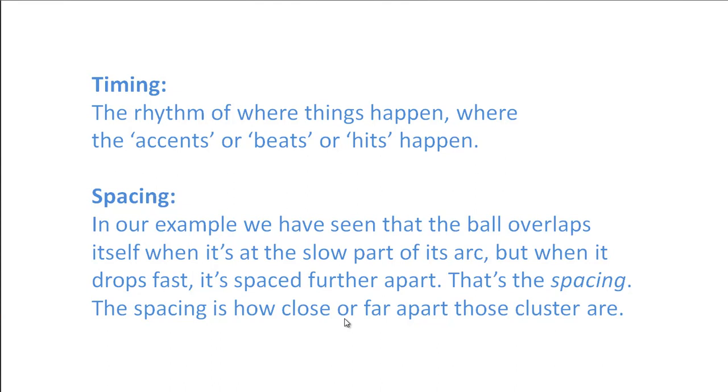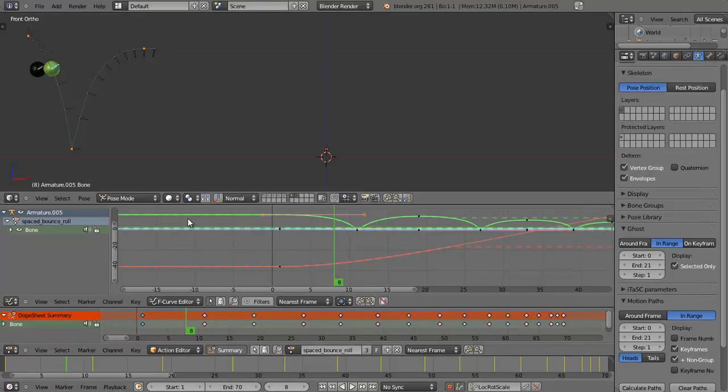That's the spacing. The spacing is how close or far apart those clusters are. We have seen this. The spacing is about the cluster, how far apart these keyframes are.